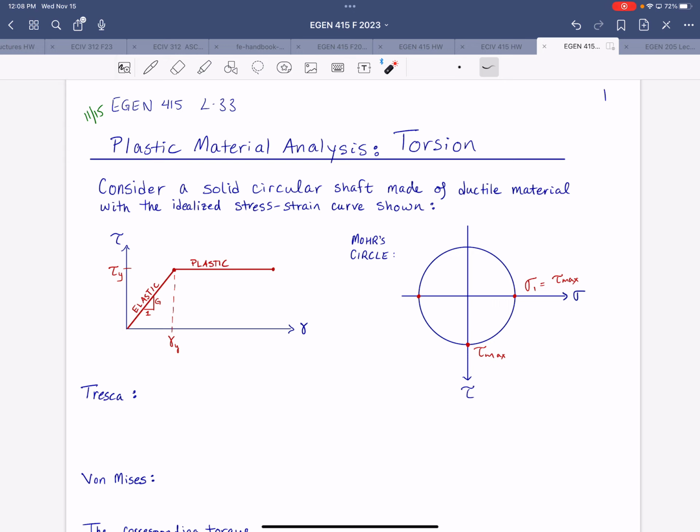Our principal stresses would be the same magnitude as the maximum shear stress. This would be our second principal stress over here. And this is, again, for the case of pure torsion.